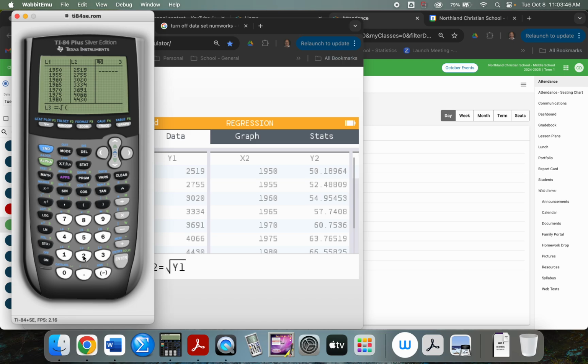L2 is second 2. When you do the square root, does it not immediately open up a parenthesis?